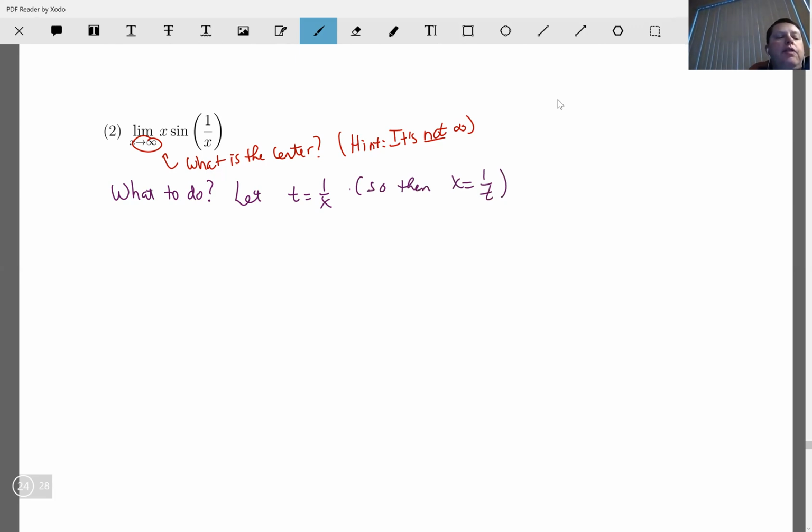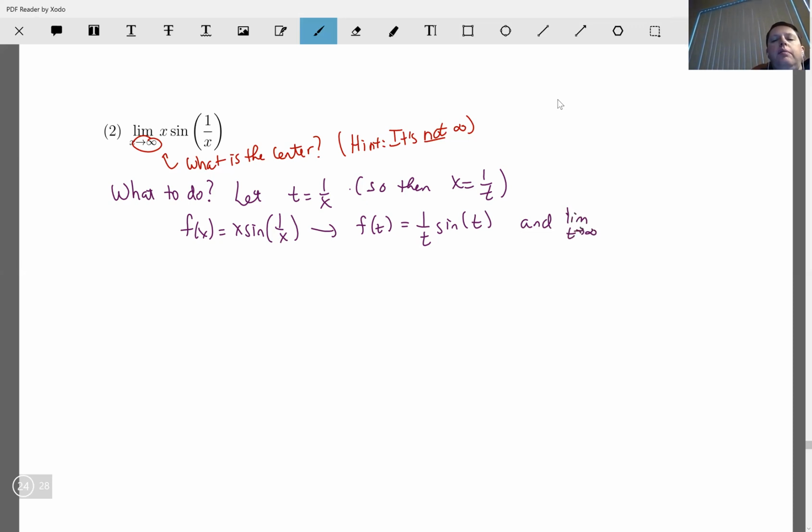And so our function f of x equals x sine 1 over x becomes a function f of t being 1 over t sine of t, and our limit as x goes to infinity becomes the limit as t goes to 0 from the right. We know it's from the right because if x is going to infinity, we know x is positive.